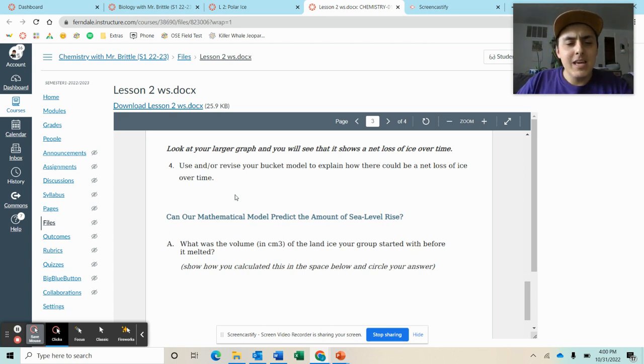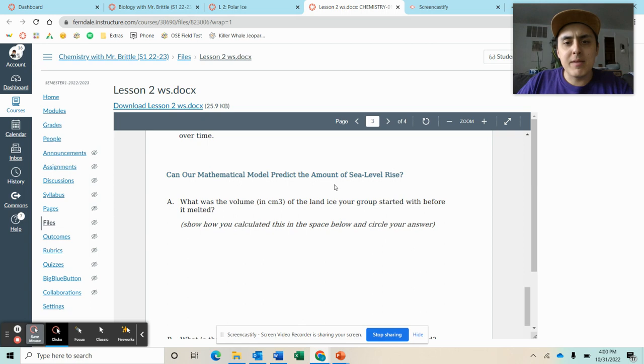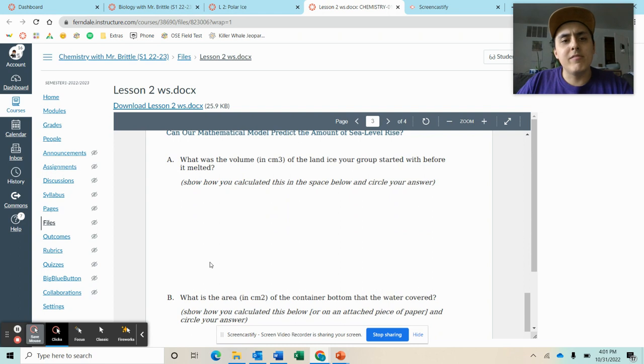Can our mathematical model predict the amount of sea level rise? What was the volume in centimeters cubed of the land ice your group started with before it melted? So here you're calculating the volume of the ice cube. I believe they were 2 inches by 2 inches by 2 inches.